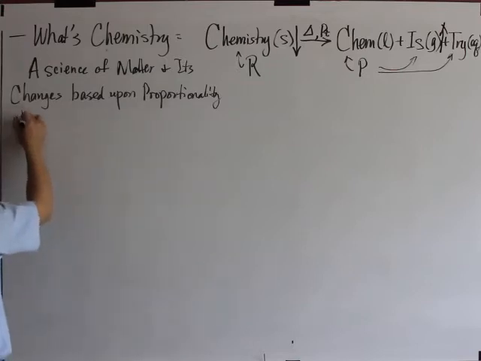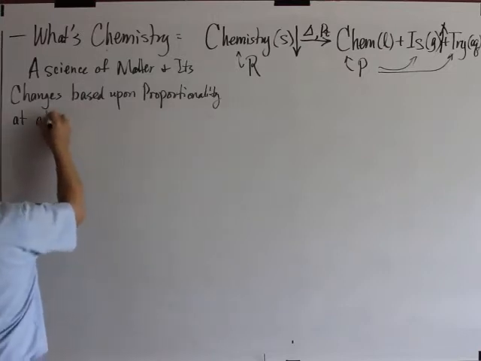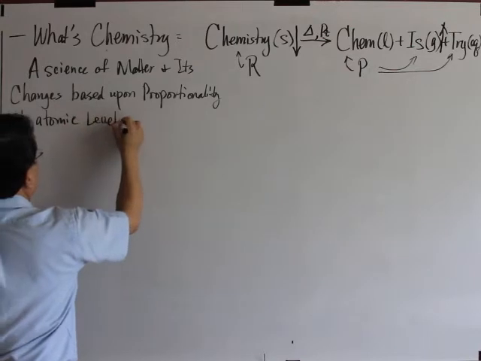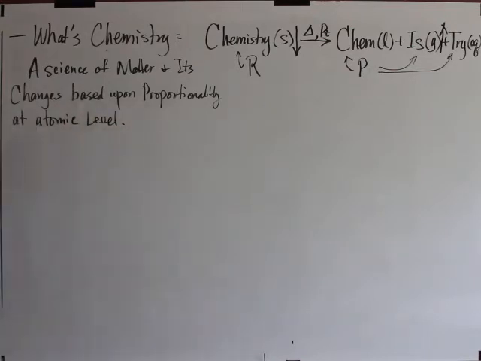What kind of level of proportionality do we talk about in chemistry? We talk about the atomic level, not beyond the atomic, in other words, the subatomic particles. We briefly discuss it, but we do not detail it until the very last chapter in the chemistry book, called Nuclear Chemistry.